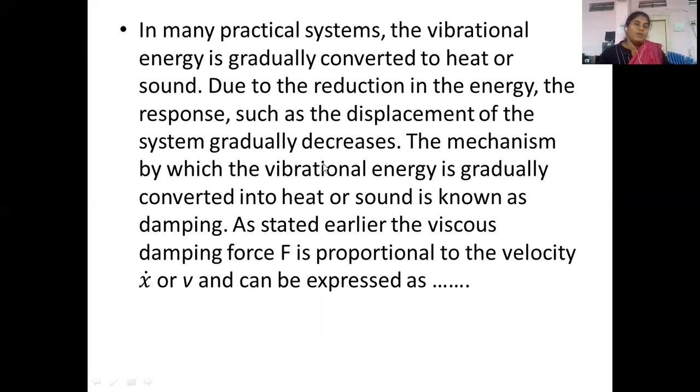In many practical systems, the vibrational energy is gradually converted to heat or sound.